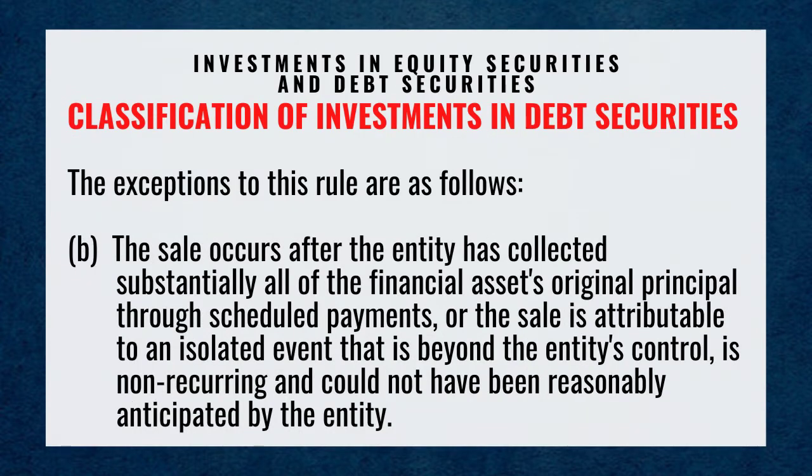And letter B, the sale occurs after the entity has collected substantially all of the financial asset's original principal through scheduled payments, or the sale is attributable to an isolated event that is beyond the entity's control, is non-recurring, and could not have been reasonably anticipated by the entity.